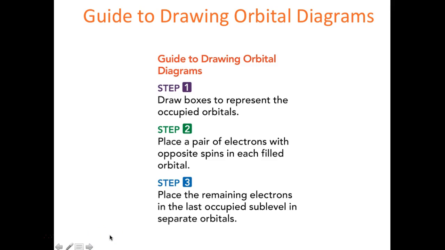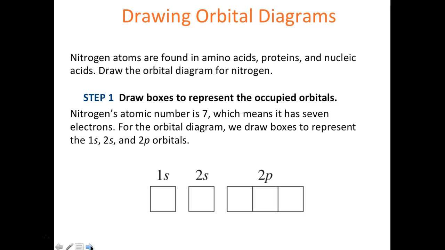So the guide to drawing these box diagrams, or orbital diagrams, is to write down the boxes that represent the occupied orbitals, and if they're occupied, put a pair of electrons in them in opposite spins, and then any remaining electrons will go into the last sub-level in separate orbitals.